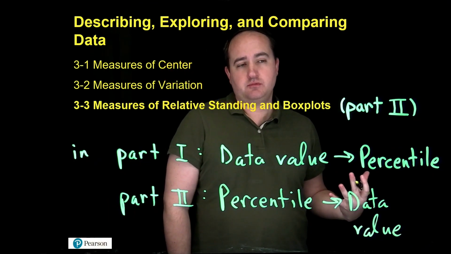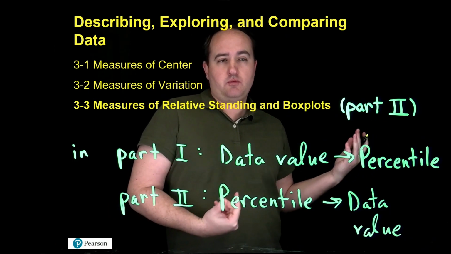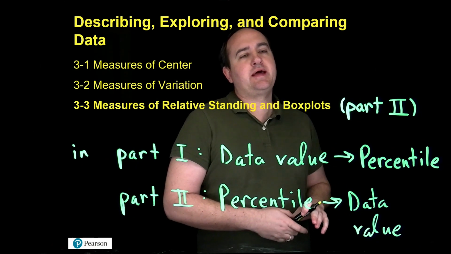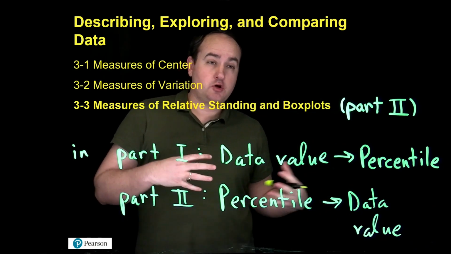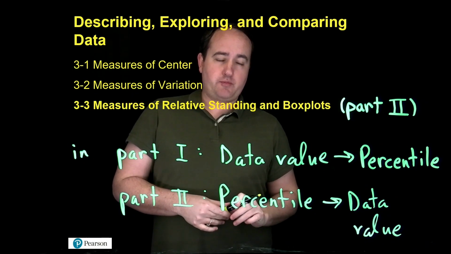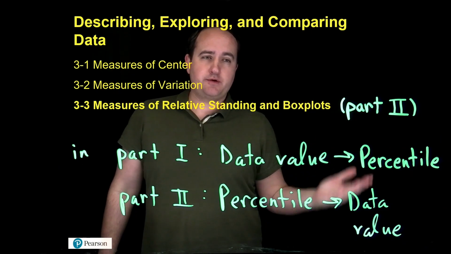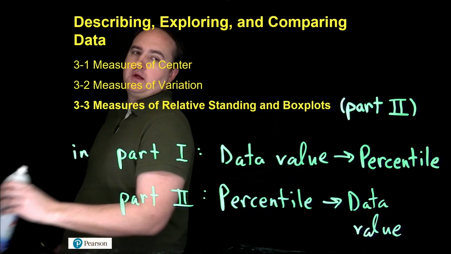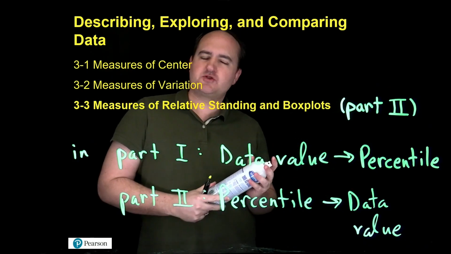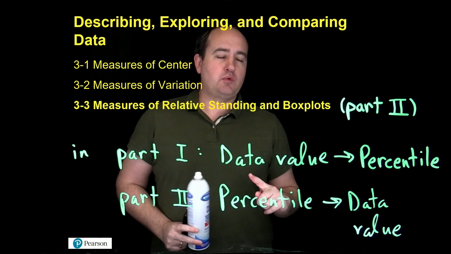What most people do is calculate what is called the locator, and then after you calculate the locator, you use a flow chart from the book based on the value of the locator. Once you get used to all the terminology, it's not too bad. It's just a bit more challenging than what we did in part 1.